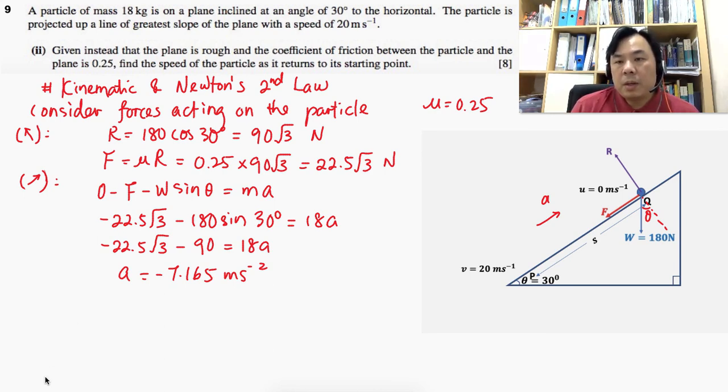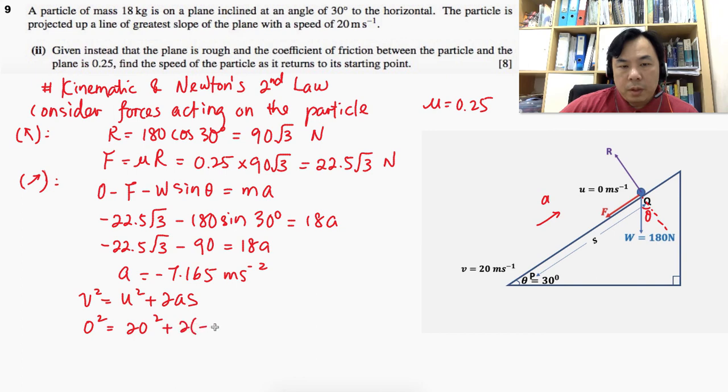That's my acceleration. So by using the SUVAT equation, v squared equals u squared plus 2as. Now I know that my final velocity is supposed to be 0, and my initial velocity was 20. My acceleration is negative 7.165, and s is the distance that I'm interested to find out.